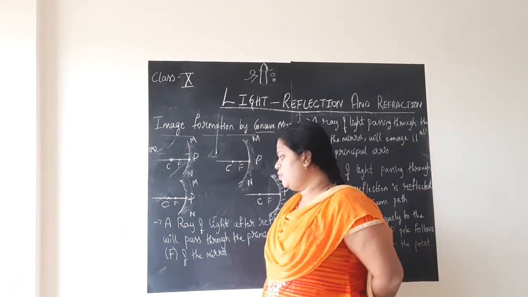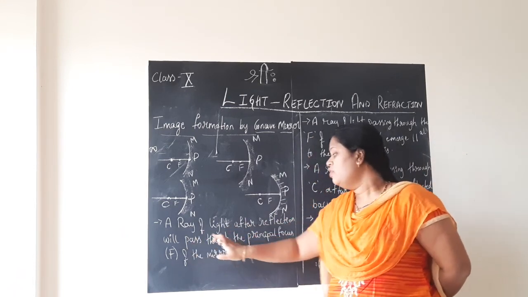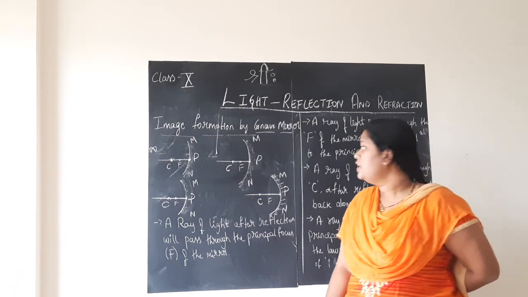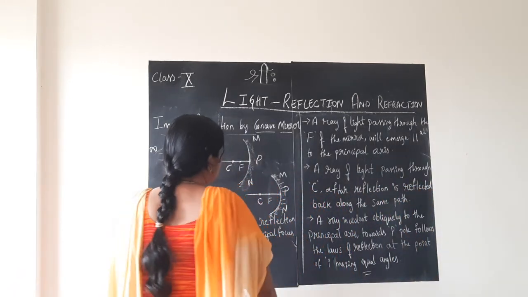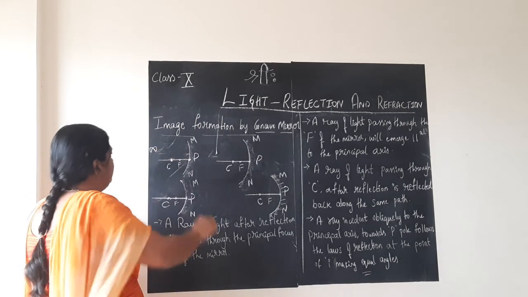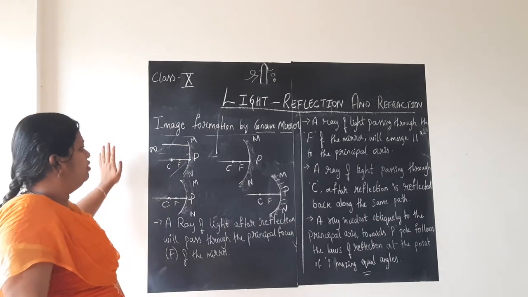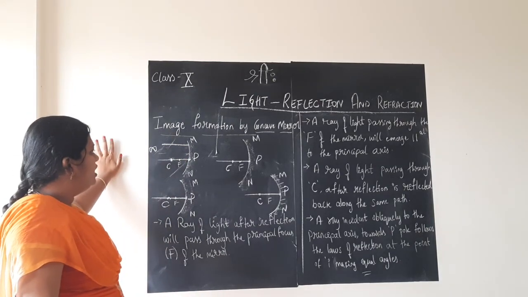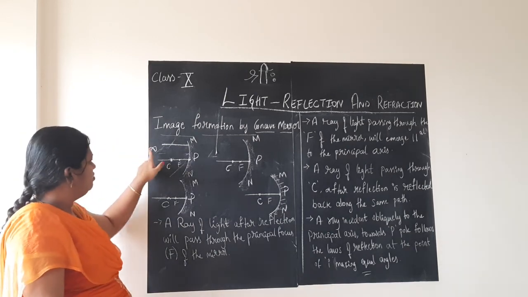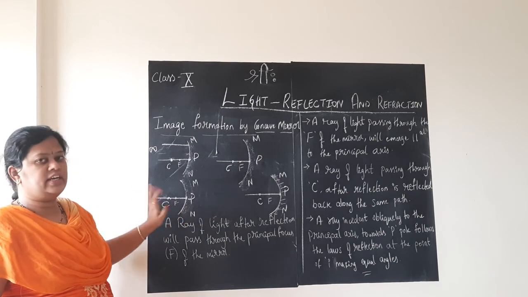Okay. Now first point is, a ray of light after the reflection will pass through the principal focus of the mirror. A ray of light, if you pass it parallel to the principal axis, a ray of light coming from the source or from the object which is at infinity. In all the cases, we will take infinity only.